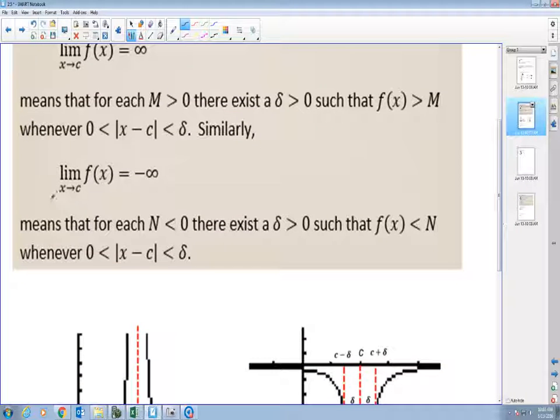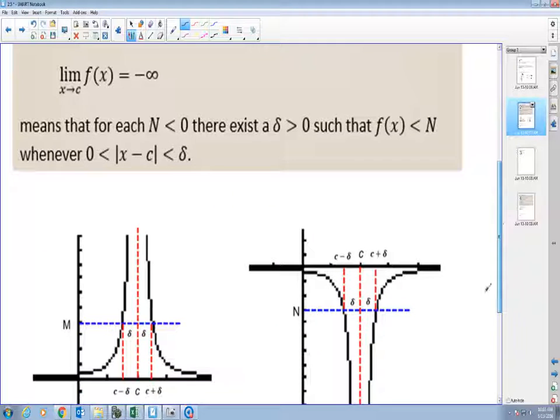Similarly, I will denote the unbounded behavior as negative infinity as x approaches c. That means for each capital N, which is another y value that is negative, less than 0 meaning negative, there exists a delta that is a positive number such that all the y values of my function will be less than that N whenever x is in the interval from c minus delta to c plus delta.